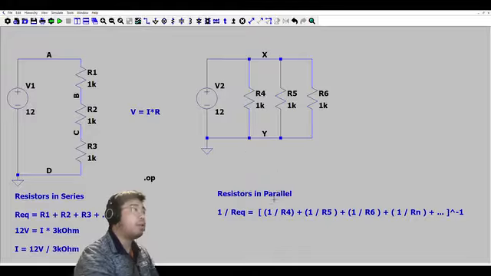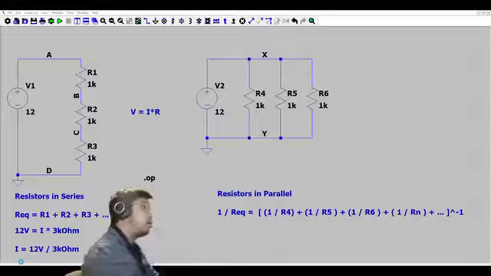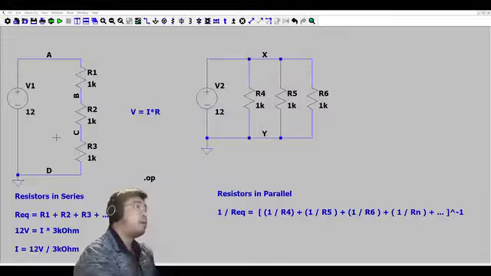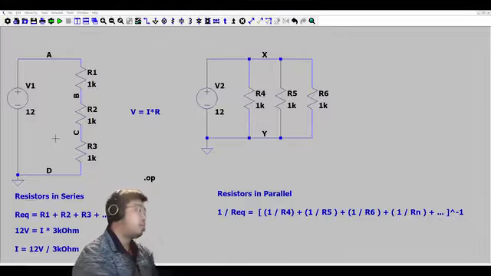plus 1 over R5 plus 1 over R6 plus 1 over Rn, entire quantity to the negative 1, or invert it. Let's take out the calculator. 1 divided by 1 kilo ohm is 0.001, plus 0.001, plus 0.001. That's 0.003.